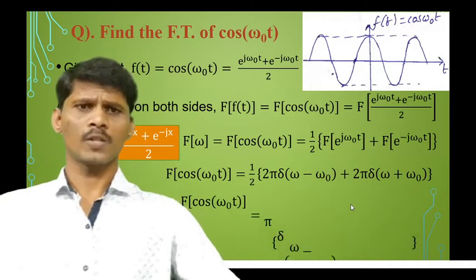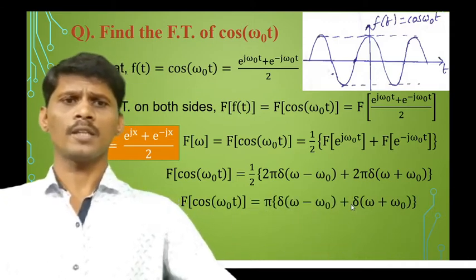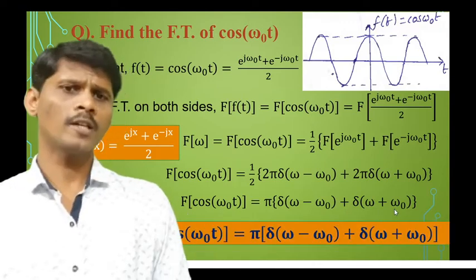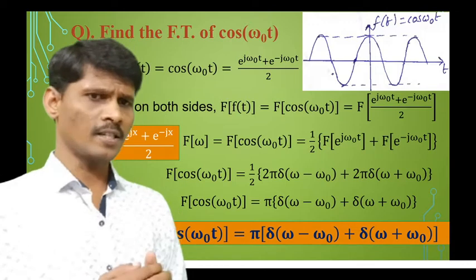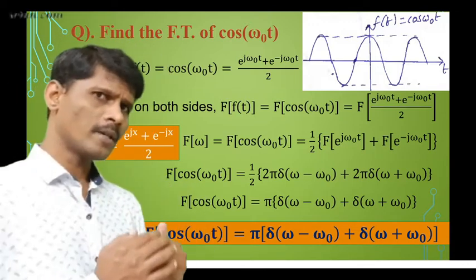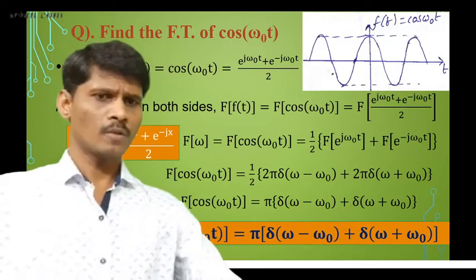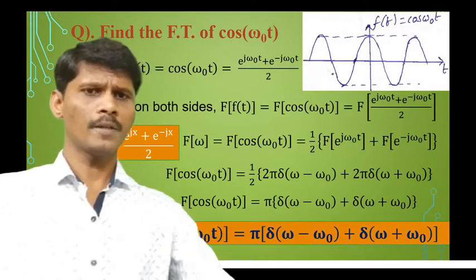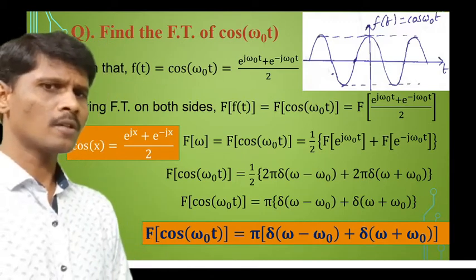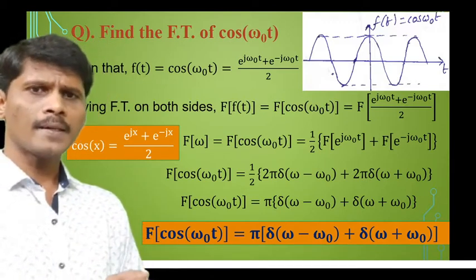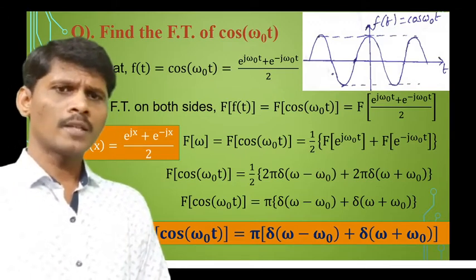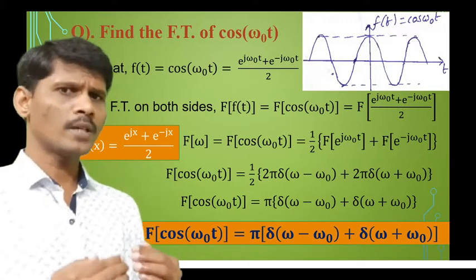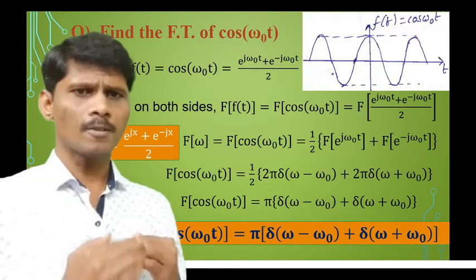The remaining expression is pi into del of omega minus omega naught plus del of omega plus omega naught. The Fourier transform of cos omega naught t is pi into del of omega minus omega naught plus del of omega plus omega naught. This is a very important formula. Keep it in mind.